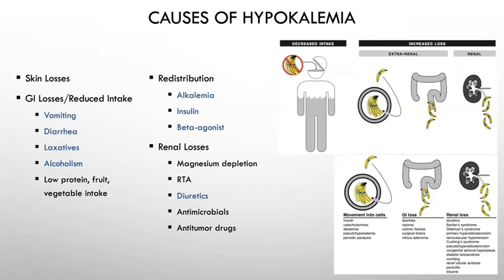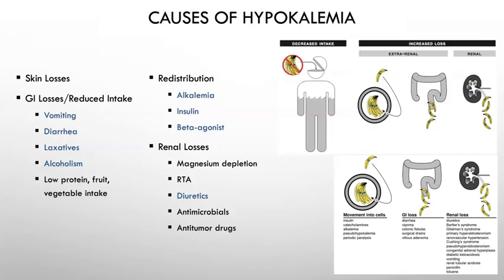Hypokalemia from GI loss is most commonly seen with massive diarrhea. And then kidney potassium loss is the most common reason for hypokalemia. First up are the diuretics.